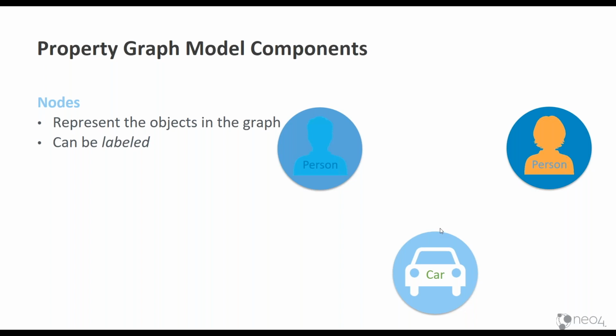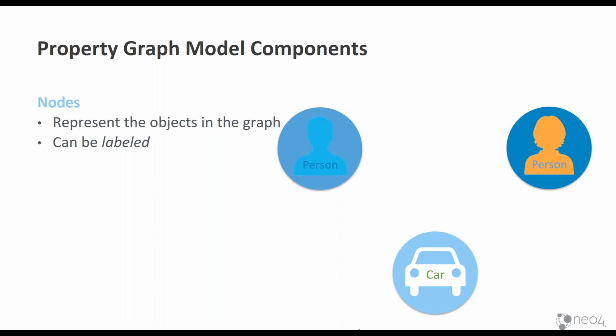So what we've done here, we've got a person label on these two nodes here, and we've got a car label on this node here. And that effectively gives us an opportunity to be able to filter groups and subjects. And you can have multiple labels on nodes. For example, with the car node here, we could also apply an asset label to it if, for example, we wanted to be able to understand the value for insurance purposes.